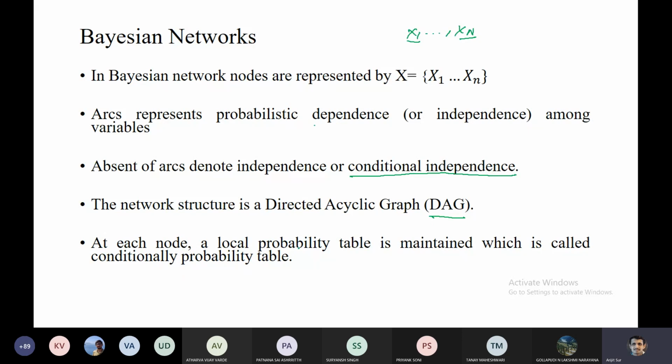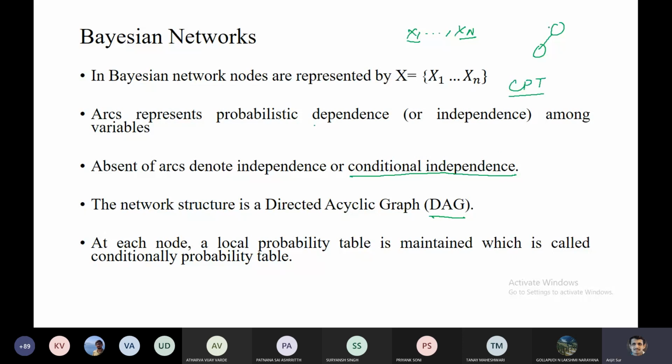At each node, there is a local probability table. Now, this is important. For each node in this chain, a local probability table is maintained, which is called the CPT, the conditional probability table.